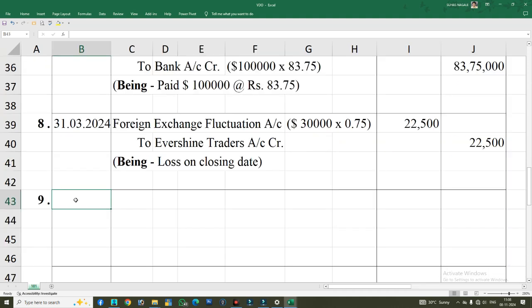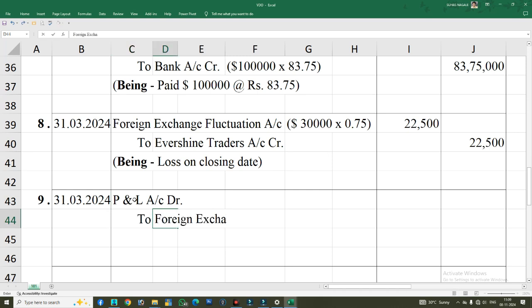After closing the ledger account, we have to pass the next entry on 31st March 2024 for profit transfer to the P&L account. Entry: profit and loss account debit, to foreign exchange fluctuation account, credit.